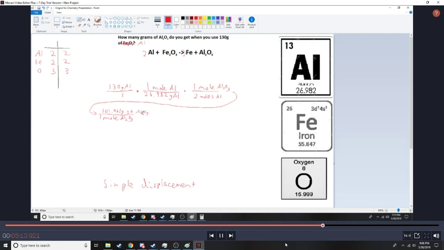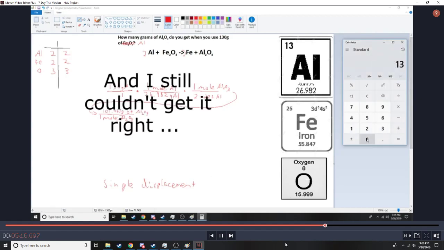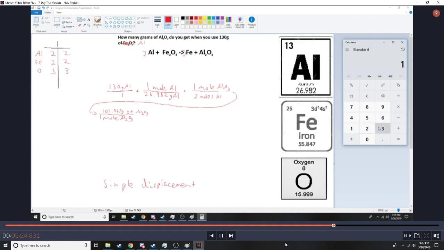So now let's go through the equation. 130 over 26.982. So that's going to be that.